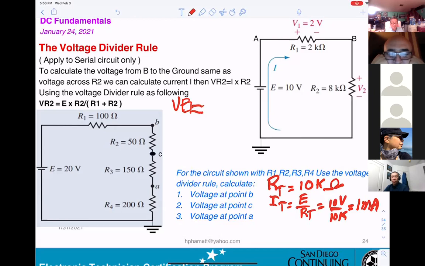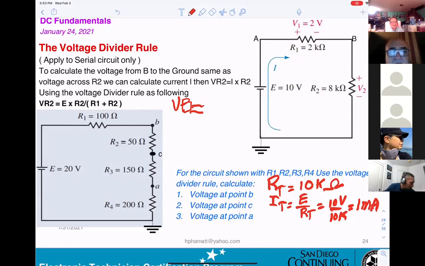No, the formula first. V from B to route. VA minus I times R1, I times R2.